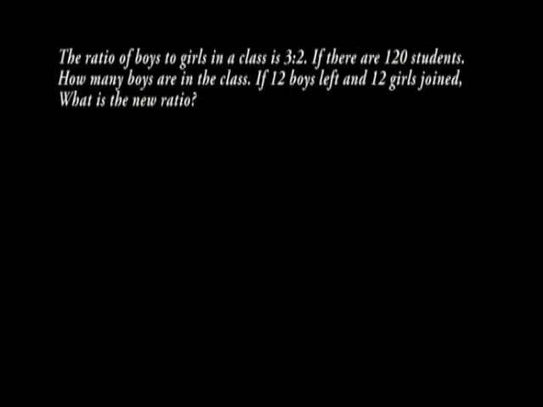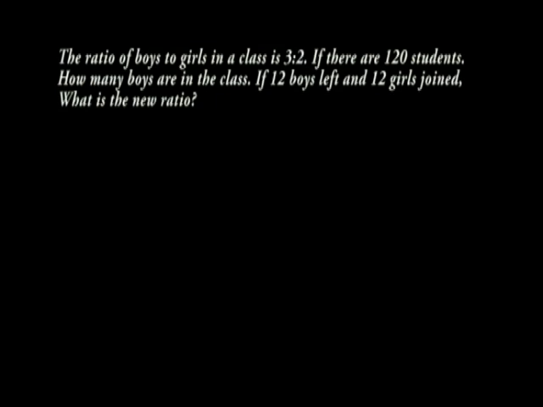The ratio of boys to girls in a class is 3 to 2. If there are 120 students, how many boys are in that class? And if 12 boys left and 12 girls joined, what is the new ratio?